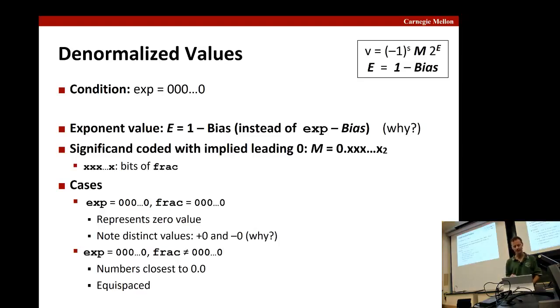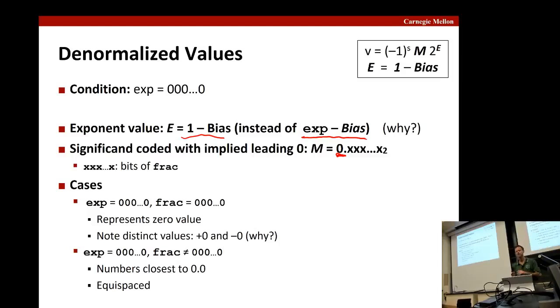One is that instead of the exponent being the bits minus the bias, like 127, we interpret it as 1 minus the bias. And the significand, instead of being encoded with a leading 1, is encoded with a leading 0.